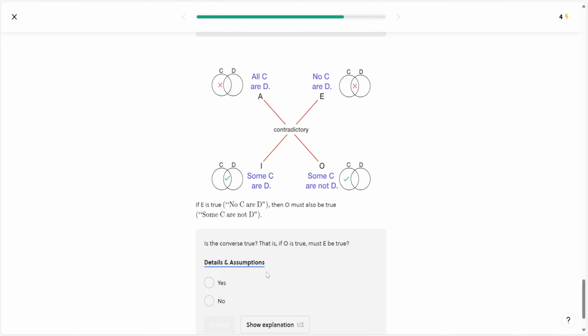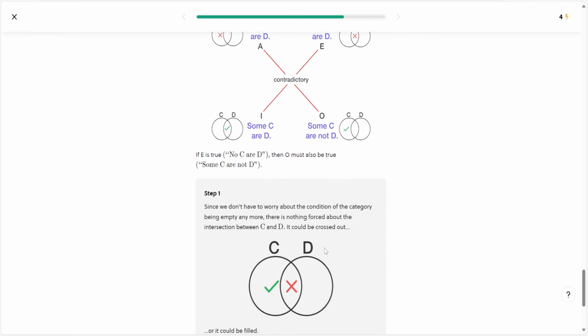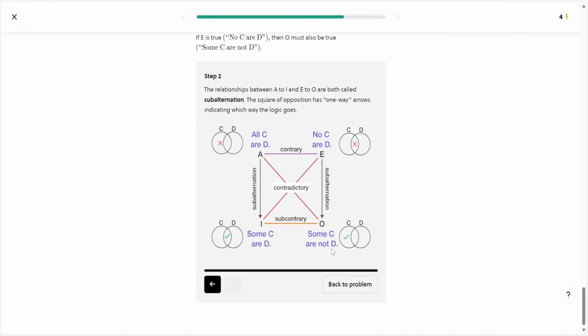I don't think so. Show explanation. Yeah, because that one could still be filled. Just because it hasn't got a check in doesn't mean that it can't have a check in, it just means that it hasn't got one.